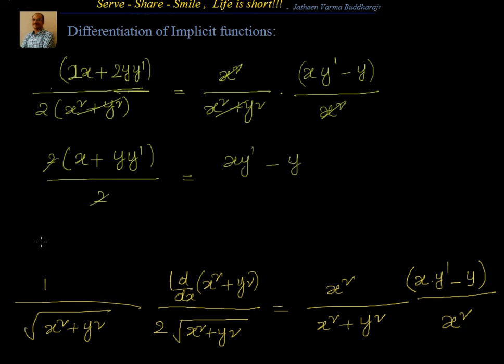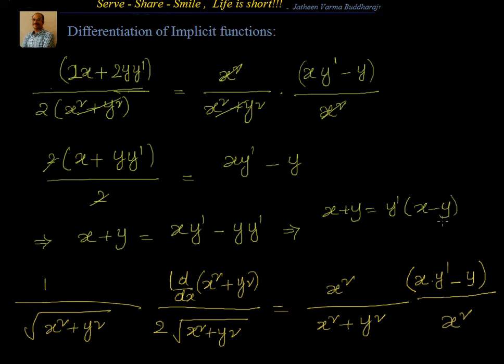Can I cancel 2 also? My next step will be x plus y is equal to x y dash minus y dash, or can I say x plus y is equal to y dash into x minus y, or y dash is equal to x plus y by x minus y.